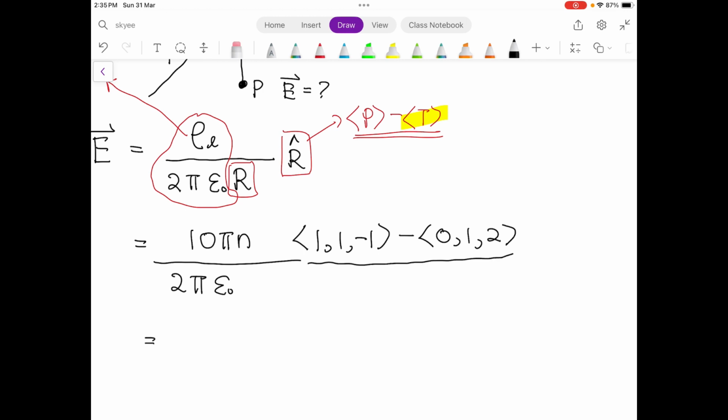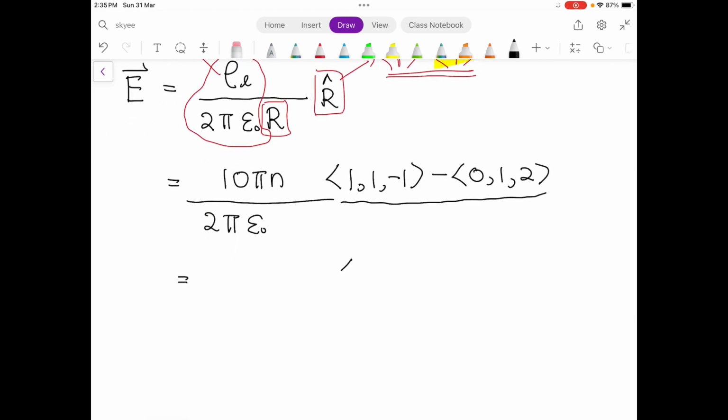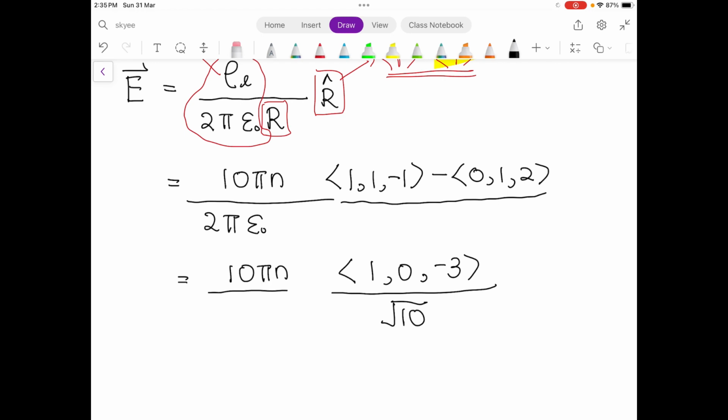Here you will get (1, 0, -3). 9 plus 1, you have square root 10, and this is square root 10, so you can fill in square root 10 here.